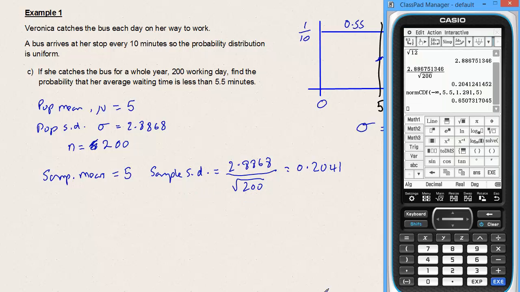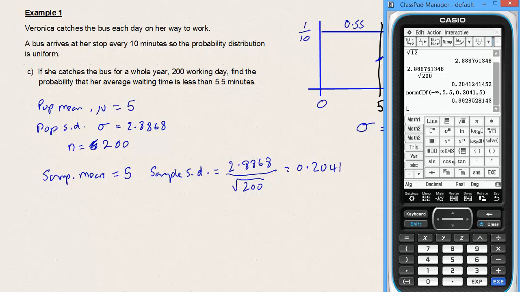And so when we come to here, what's changed? So negative infinity to 5.5. We know the mean was still 5, but we just need to change our standard deviation. That's going to be 0.2041.